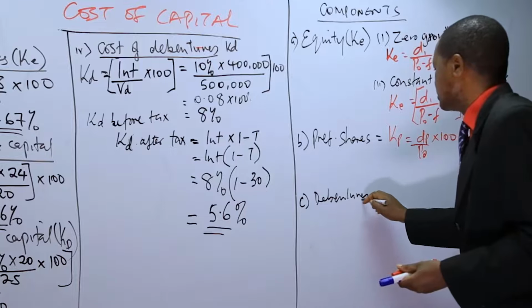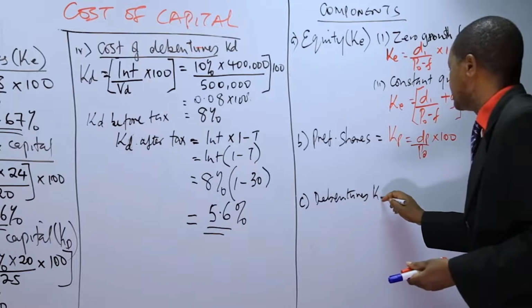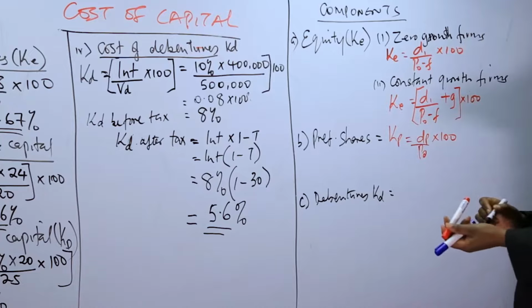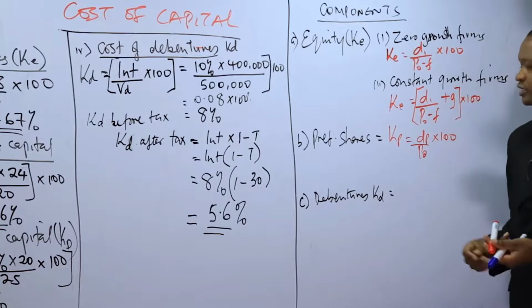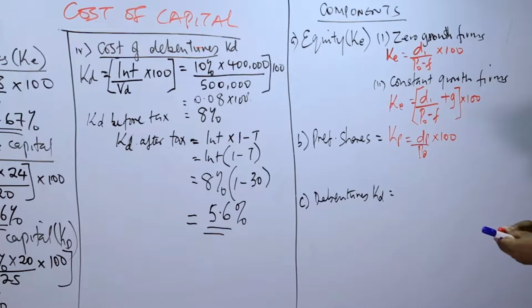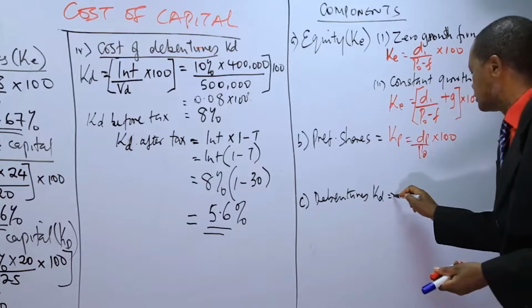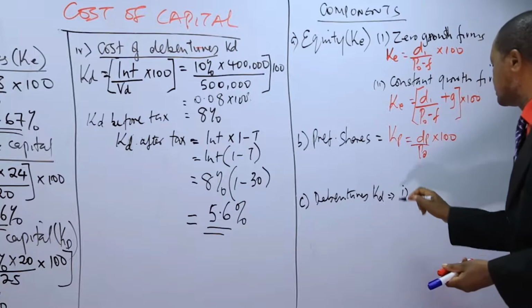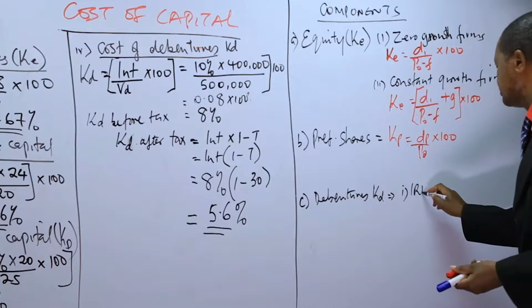Cost of debt or debentures, KD. And we say that just like equity, debentures are in two categories. We have the redeemable debentures. We have the irredeemable debentures. Number one, irredeemable debentures.